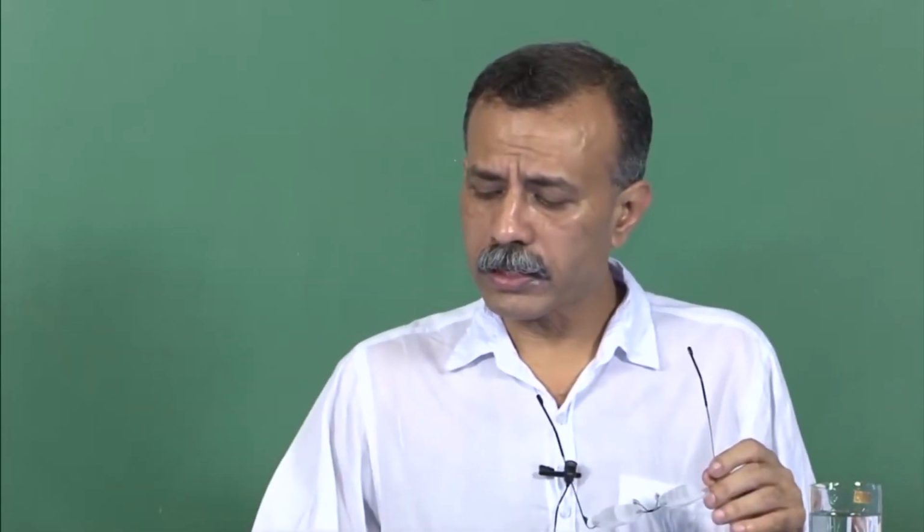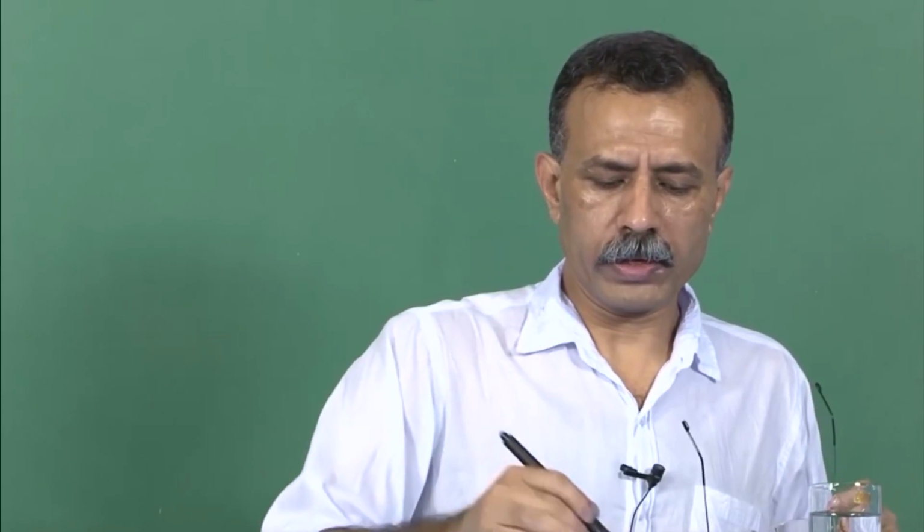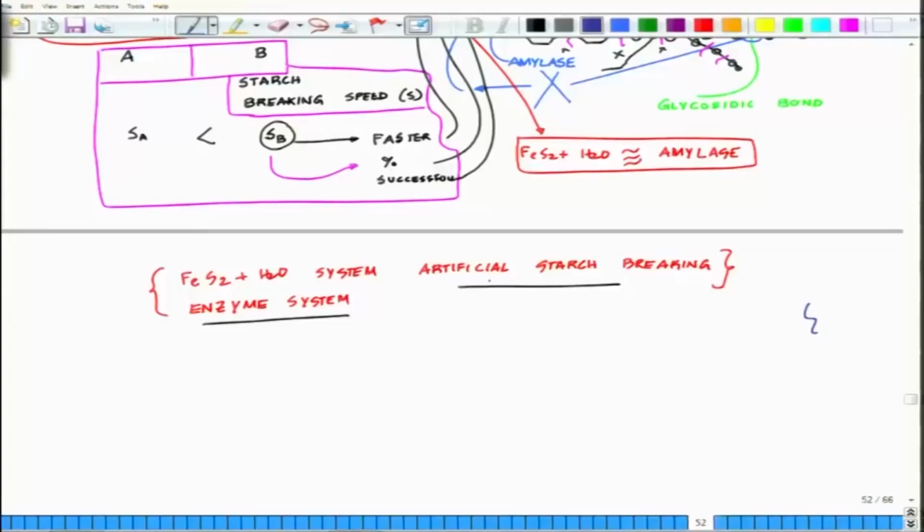This is precisely what we believe is happening out there. So, in other words, we can call the FeS2 water system an artificial starch-breaking enzyme system.